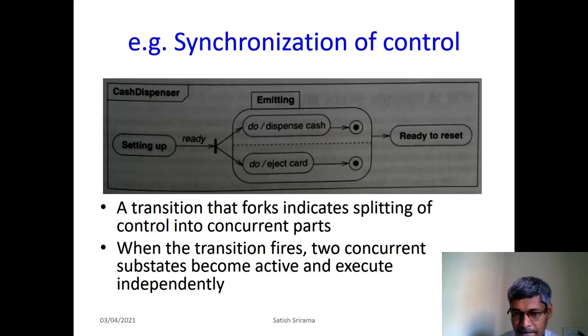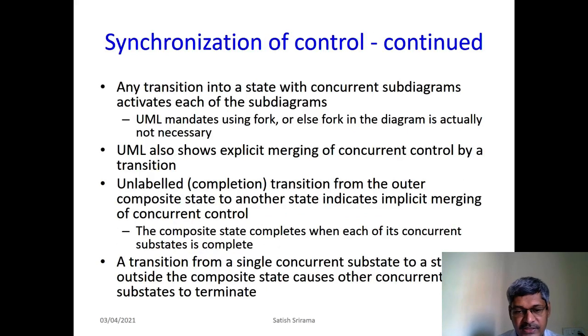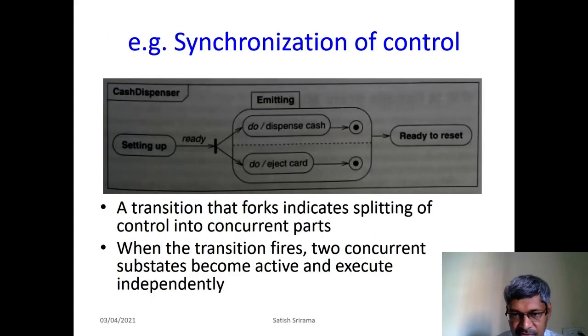So that's about synchronization of control. How you draw this diagram actually affects a lot. If you have a single merge here, then both the things will complete and you will go to the next state.